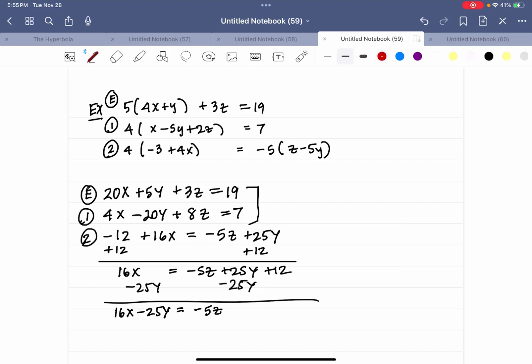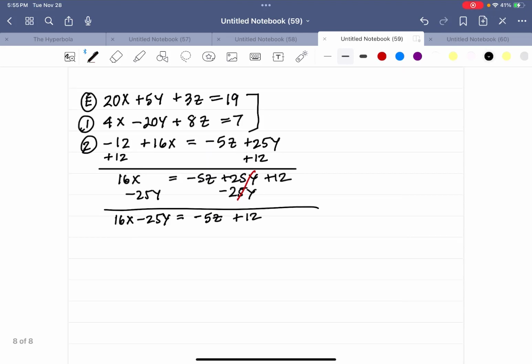See, these canceled out. So that's going to be plus 12. And now I need to add the 5z to both sides. So this is 16x minus 25y plus 5z equals 12. So that's going to be my actual equation number 2. All right?